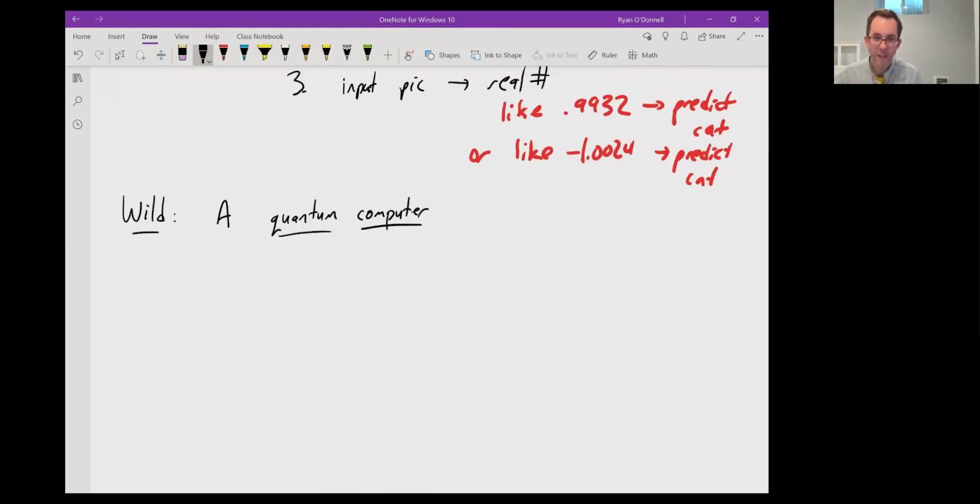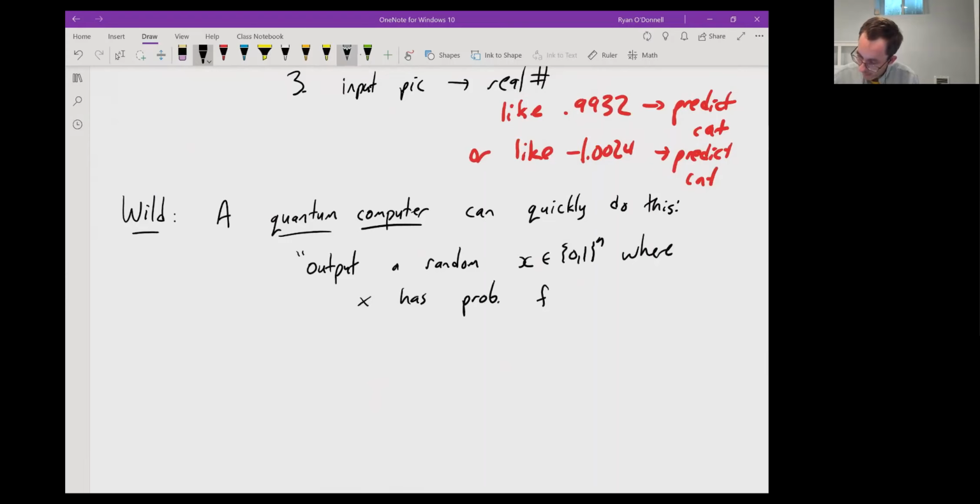Given a program for f and the ability to build a quantum computer, it can very easily do this task: output a random x in {0,1}^n, where x has probability f hat of x squared.